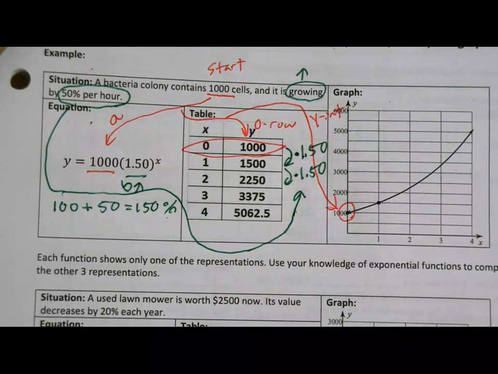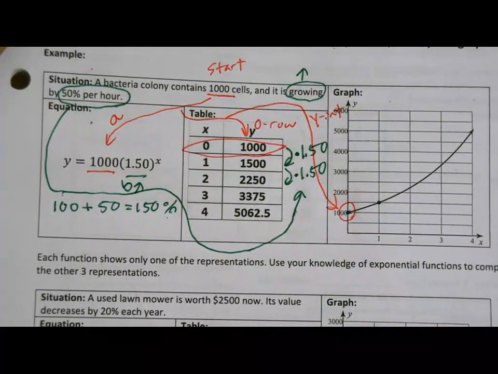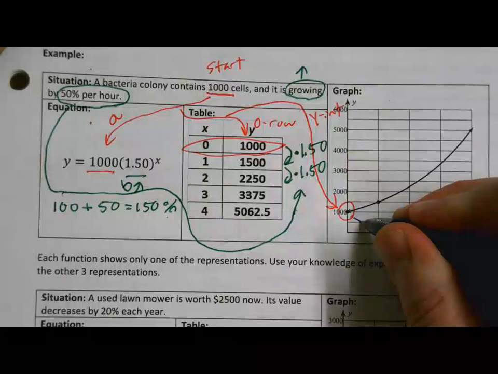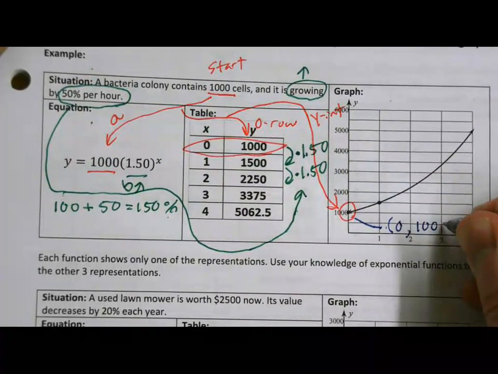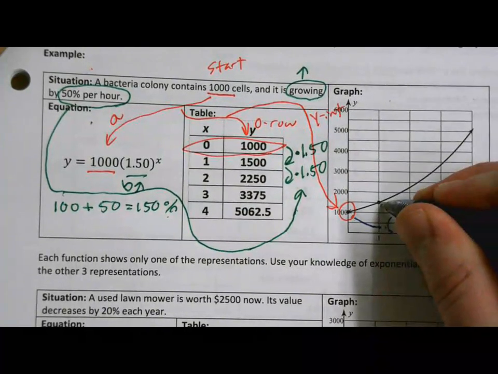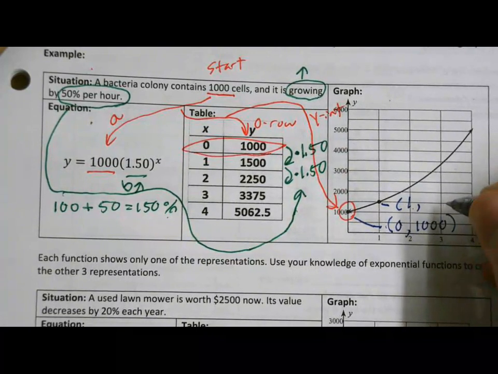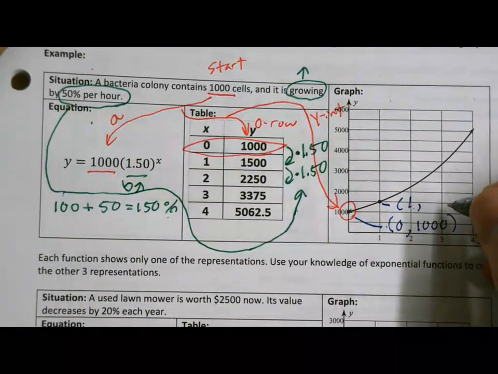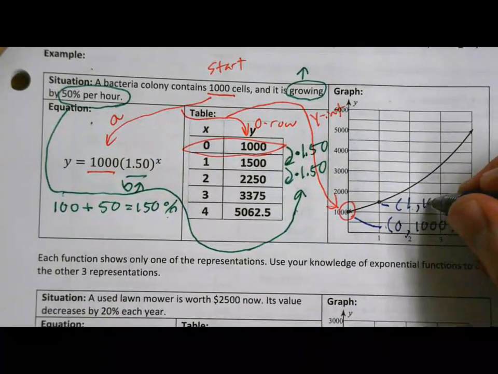Now, it's a little bit harder. This is the hardest one for me to see. Where does that 1.50 show up in our graph? In order for me to see this, the easiest way is to look at these 2 points. One of them is at 0, 1000, and the other one is at 1, and what is the y coordinate for that second point? 1500.